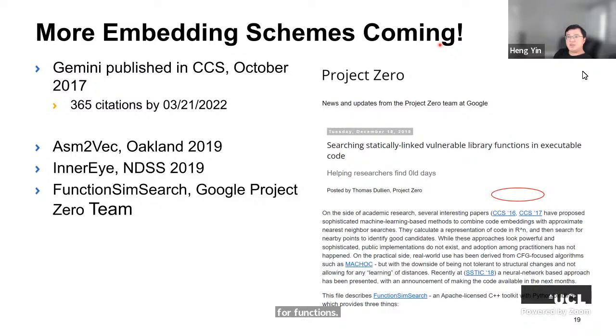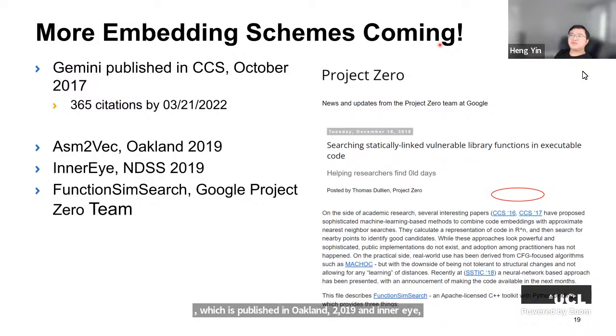We had received 365 citations by yesterday when I checked. I'll give you a few examples: ASM2Vec, published in Oakland 2019, and INNEREYE, in NDSS 2019.